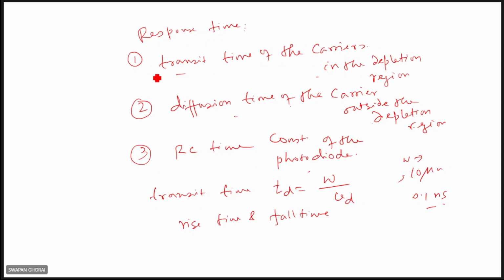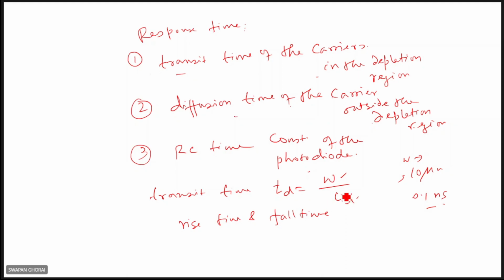One by one, if you see the transit time of the photocarriers, you can calculate this if you know the drift velocity and the depletion layer width. So t_d is W by v_d.